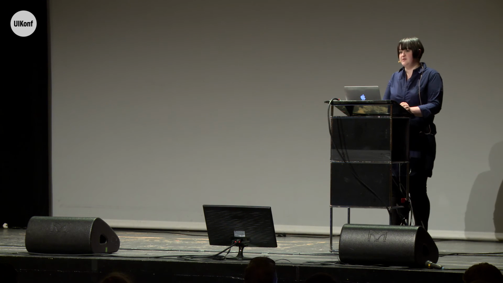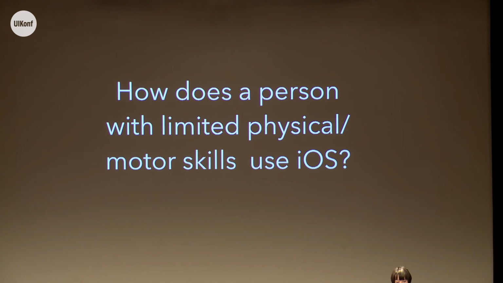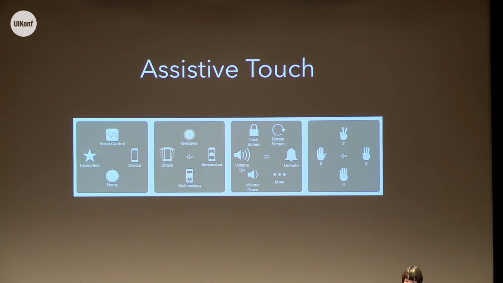So physical and motor skills, how does somebody with limited skills actually use an iOS device? Well, Apple's done something called AssistiveTouch, which is great for people who have difficulties pressing hardware buttons or doing multi-touch gestures. If any of you had an iPhone 4 or 4S and the home button stopped working, you've probably used AssistiveTouch. It's quite cool.